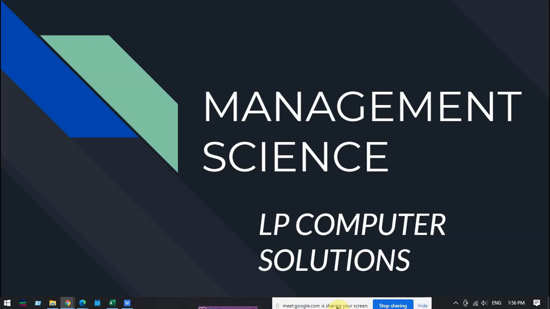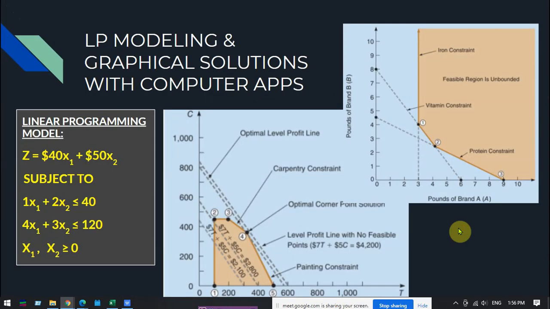But this time, we're going to make use of the computer solutions like our Excel and other applications that are available. So if you remember, these are the results that we had in our previous examples.